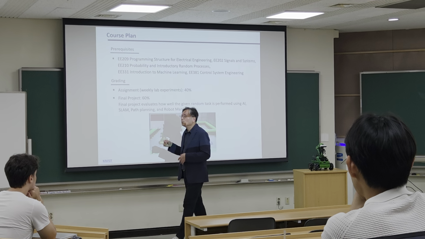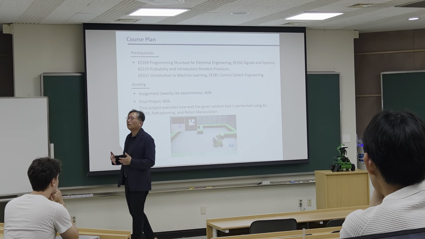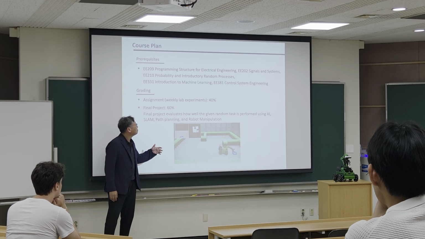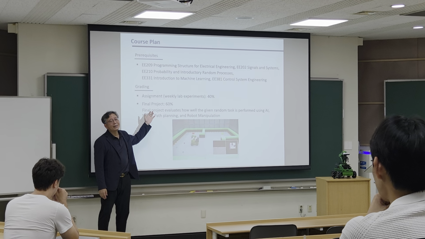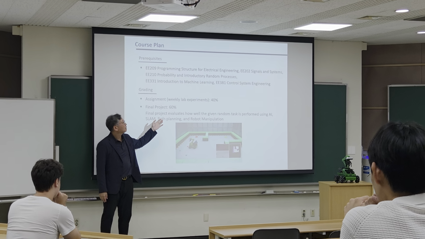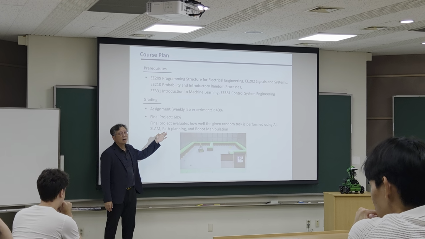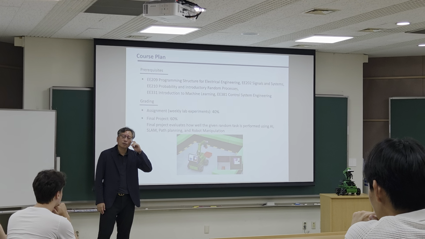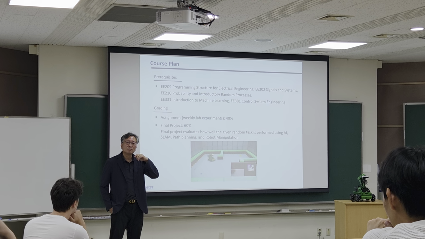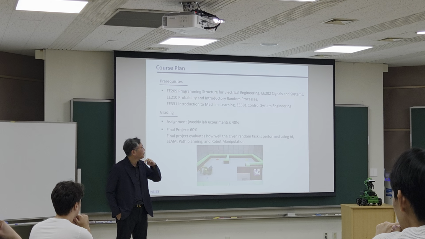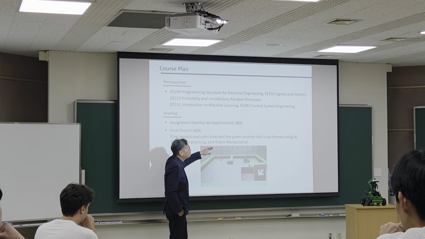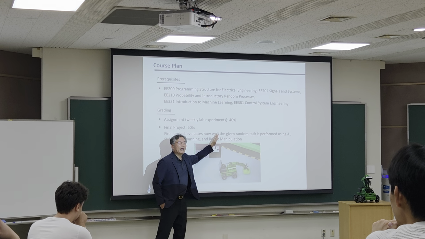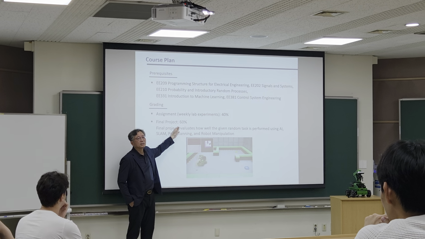And what's probably the most important to you is the grading system. There will be weekly labs. Okay. We expect that there will be maybe 12 or 10, yeah. That's 40%. And the project will be 60%.